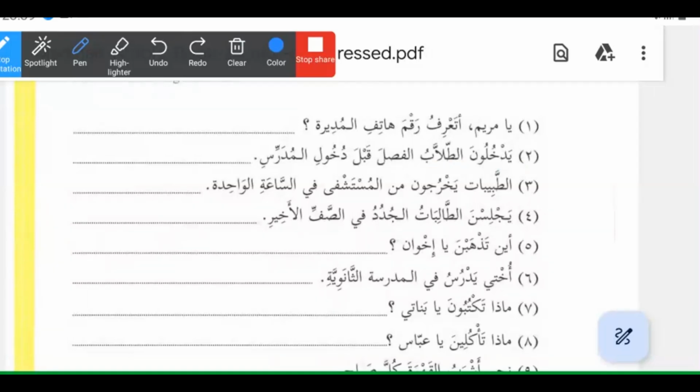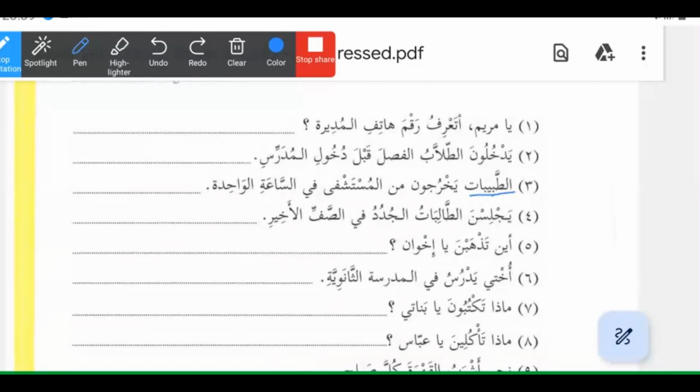الطبيبات يخرجون من المستشفى في الساعة واحدة. الطبيبات, the female doctors, يخرجون go from the hospital في ساعة واحدة, or will go from the hospital at 1 p.m. So at-tabibat is jama and ghaib.